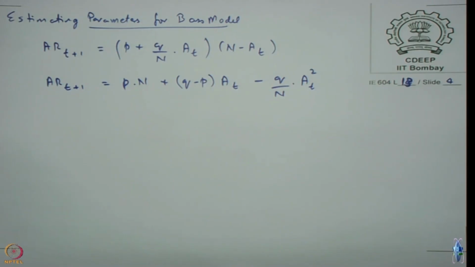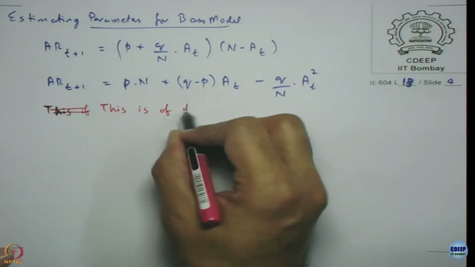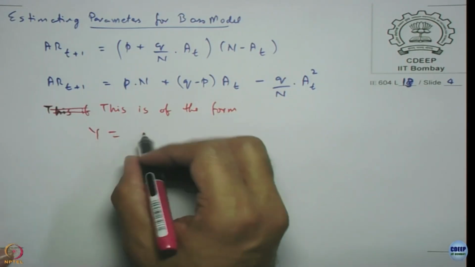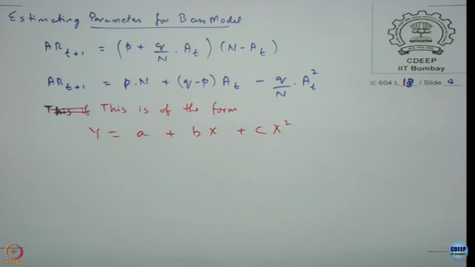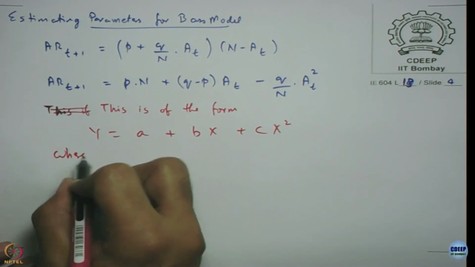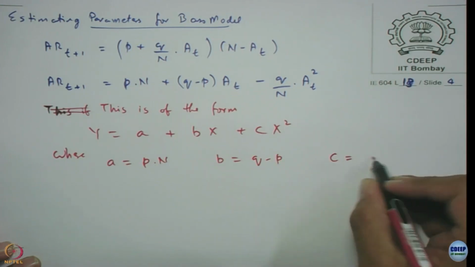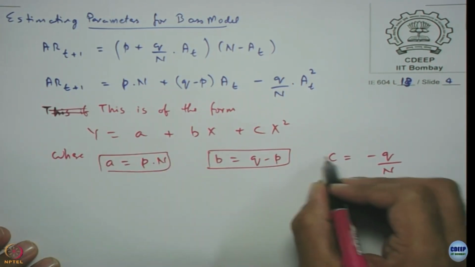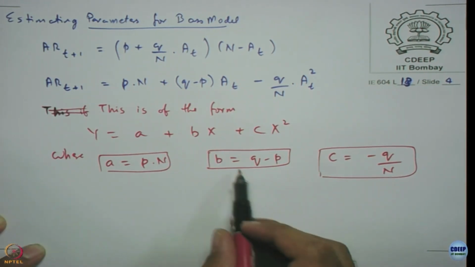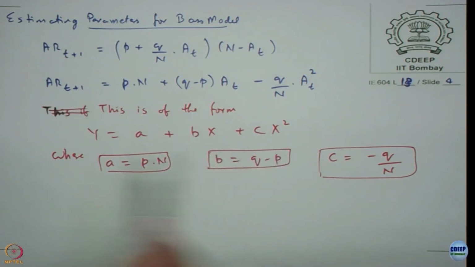This particular equation is of the form y equal to A plus B x plus C x squared, right, where A is nothing but P into N, B is nothing but Q minus P and C is nothing but minus Q by N. So now what you have is a nice polynomial already, where we have the output variable y in terms of input x and x squared, and I am just fitting a polynomial to that.